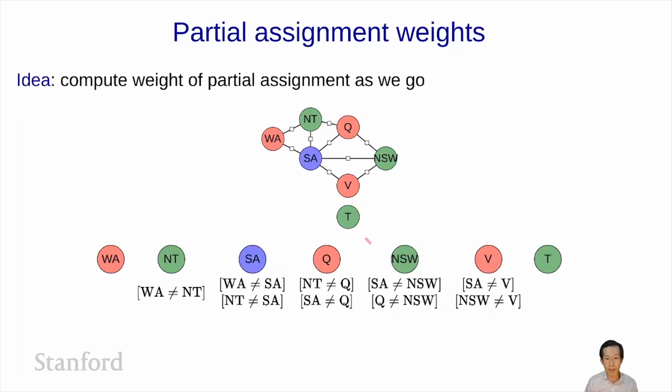At any point in time, for example at NSW, we have this partial assignment, and we define the weight of that partial assignment to be the product of all the factors that we can evaluate. A factor is evaluable if all the variables in its scope have been set.